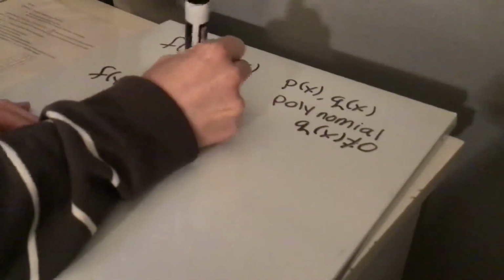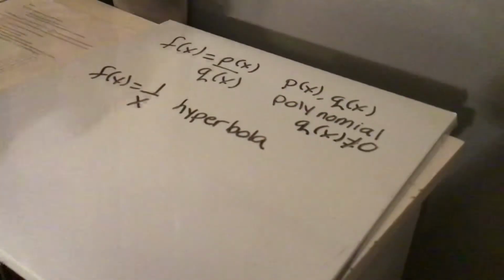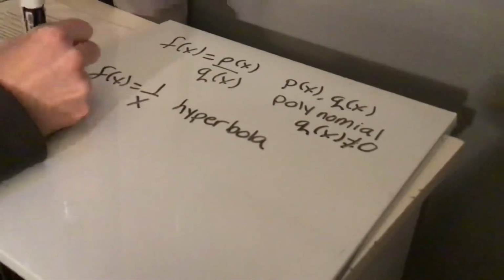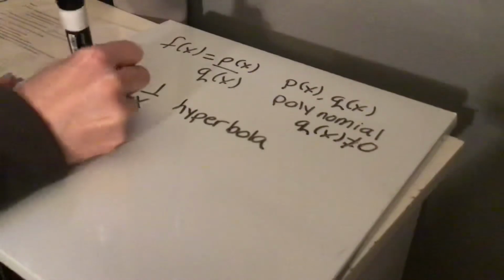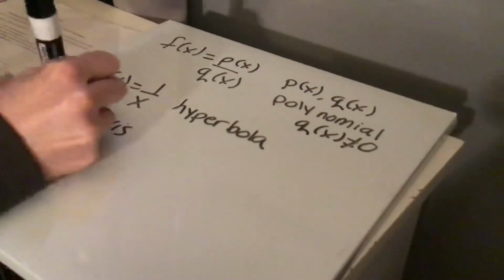This graph is going to be called a hyperbola, and it has a horizontal and a vertical asymptote. The horizontal asymptote is the x-axis. The vertical asymptote is your y-axis.